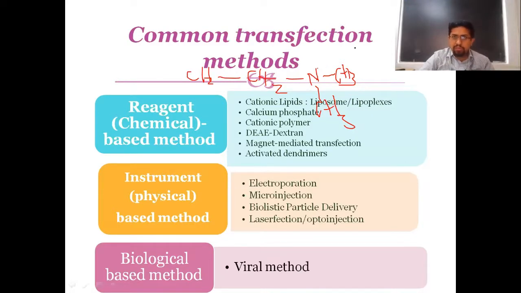The presence of an extra covalent bond will render it a positive charge, because the electron is shared with this third methyl group present over here. So this nitrogen atom, which is part of the choline functional group, becomes positively charged. And because of this positive charge, phosphatidylcholine is positively charged.